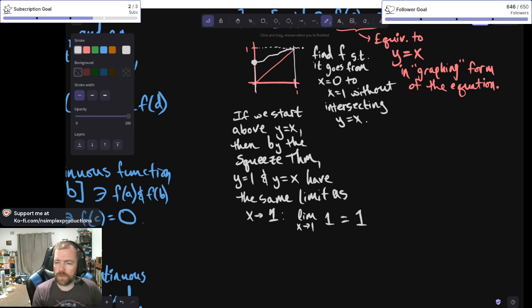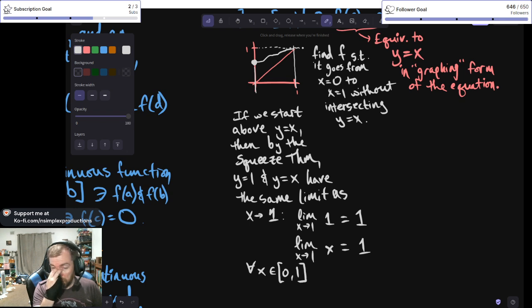So the limit as x approaches 1 of 1 is equal to 1. The limit as x approaches 1 of x is also equal to 1. And for all x on 0 to 1, we have that f of x is going to be between x and 1.